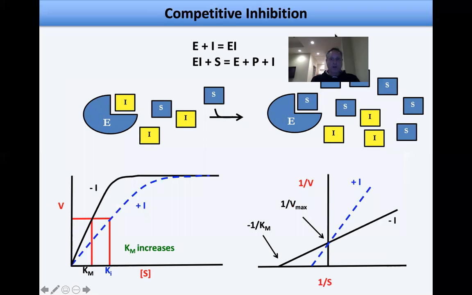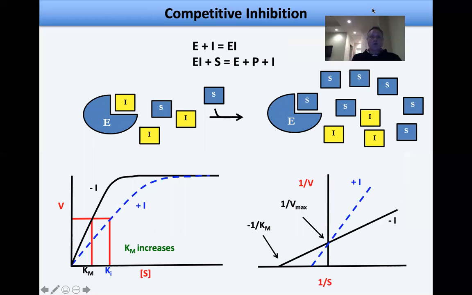So we'll take a look at some types of inhibition now. The first one, the simplest one, probably the most important one, is competitive inhibition. The reason is that many enzymes that are pharmacologically targeted for therapeutics in medicine are actually targeted by competitive inhibitors, as well as receptors for that matter.